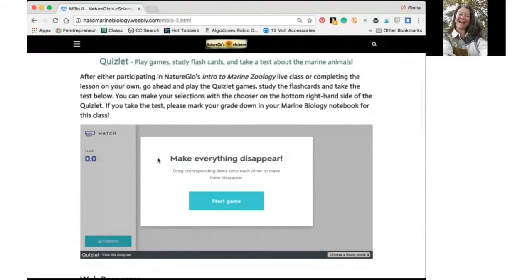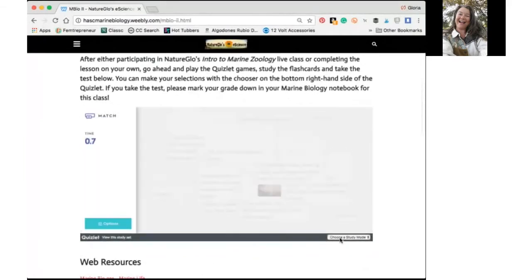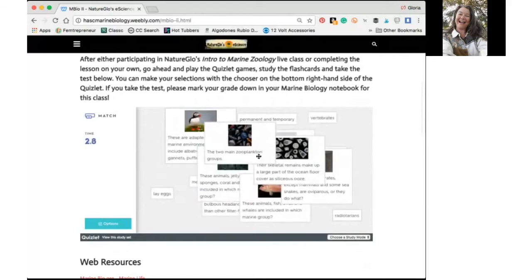I think these are the same questions that are on the study guide. You can actually play games, and on the lower right-hand side, it says choose study mode. In this sliding game, you just slide the word to the correct definition and it will disappear. But I don't want to show that right now.